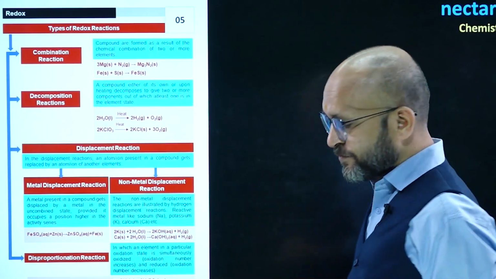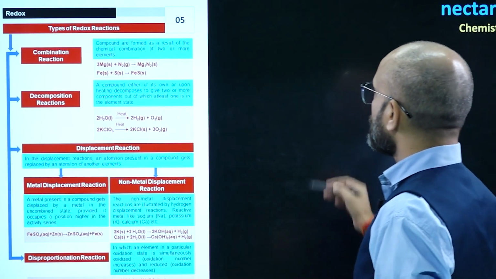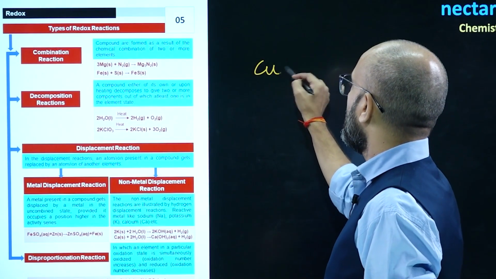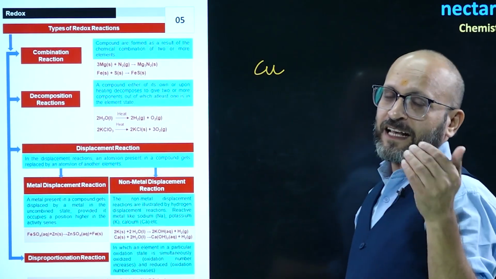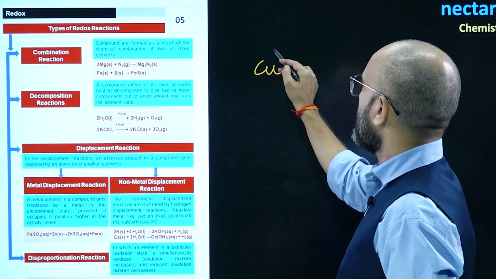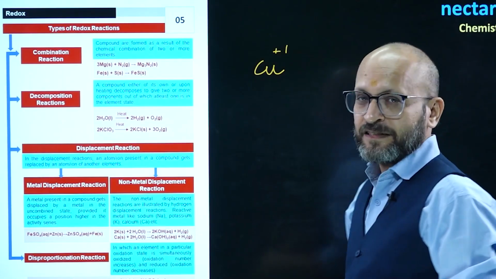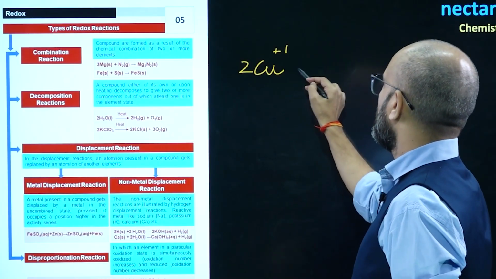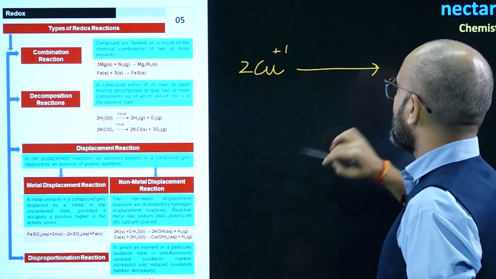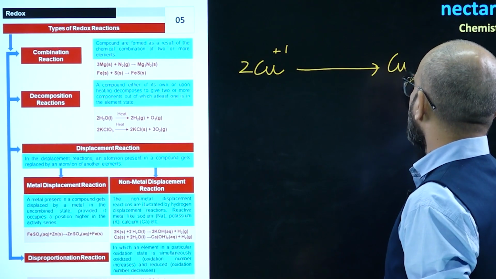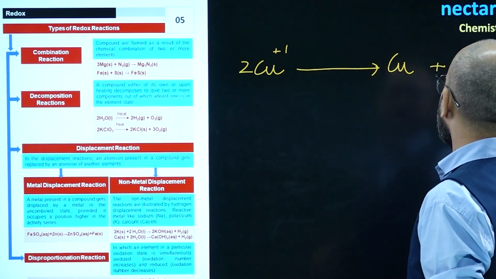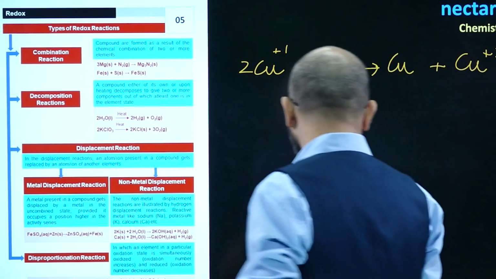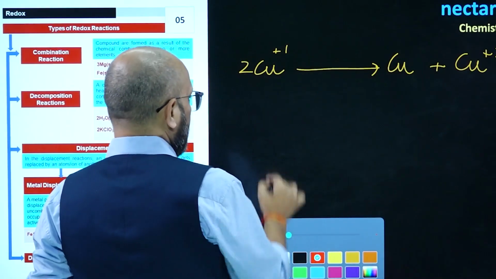What happens in disproportionation? In disproportionation, one species is getting oxidized whereas another is getting reduced. Copper, for example, has +1 oxidation state. If I take 2 Cu+, out of this, one is getting converted into Cu and another is getting converted into Cu2+.